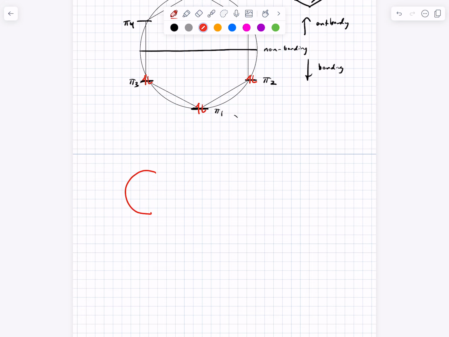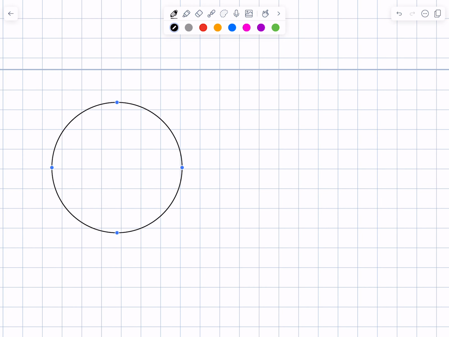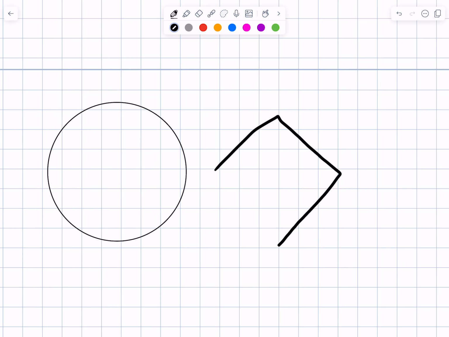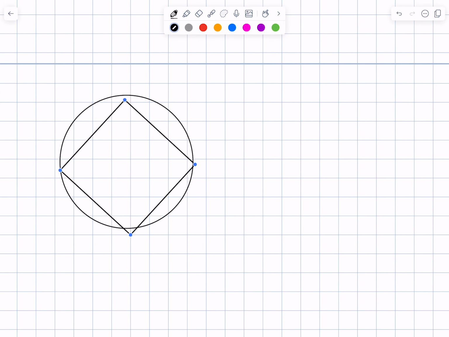If I draw a circle again, and then draw a square within that circle, point down, let's see, now I need a square. All right, that looks vaguely like it was trying to be a square or a diamond. Close enough.